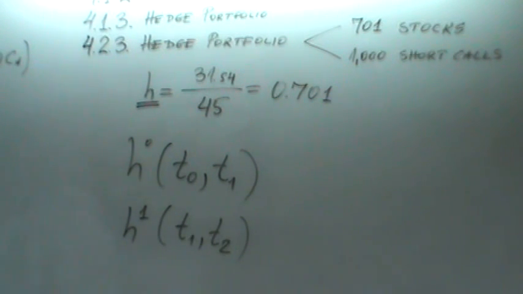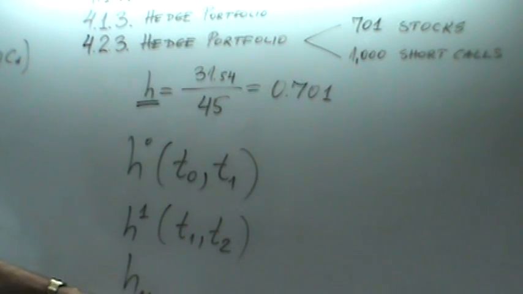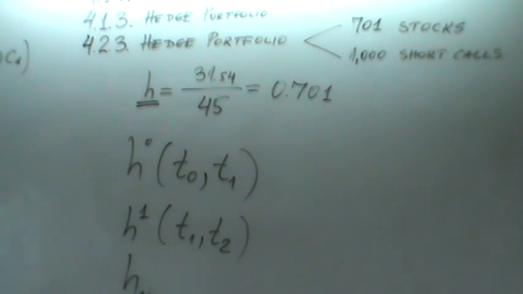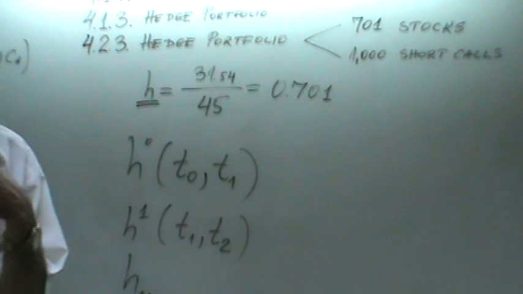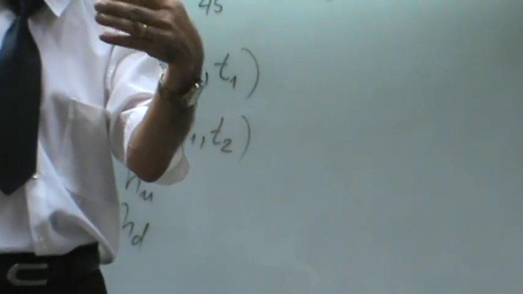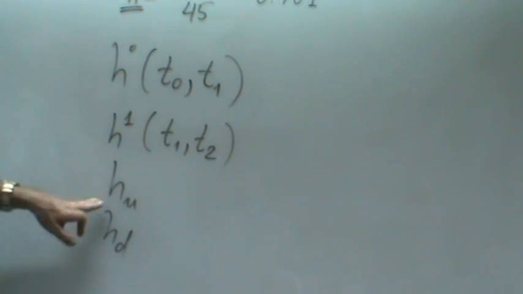So, if the stock went up, you will have a hedge ratio for the stock going up, and you're going to have a hedge ratio for the stock going down. Okay? So, the hedge ratio changes. So, it is very important to understand that hedge ratio changes. So, from the first period to the second period, the hedge ratio goes up or the hedge ratio goes down. Okay? So that's the first part.